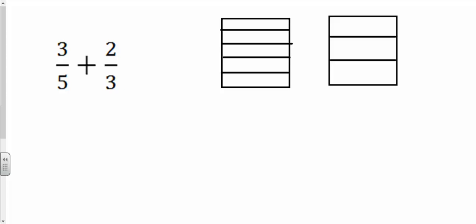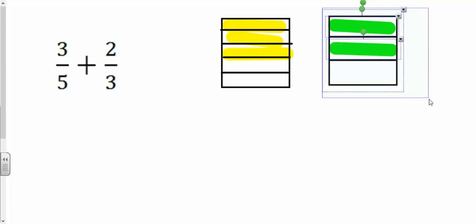So here's an example of what 3/5 and 2/3 would look like. Imagine, there we go, that's 3/5, so I need to shade in 3 of the 5 parts. And if I wanted to add to that 2/3, it would be 1, 2 out of those 3 parts there. Now then, adding those together as they stand wouldn't make any sense, as we've done for the first one.